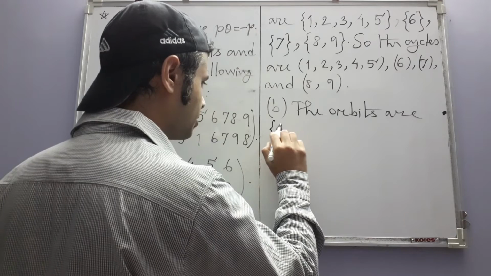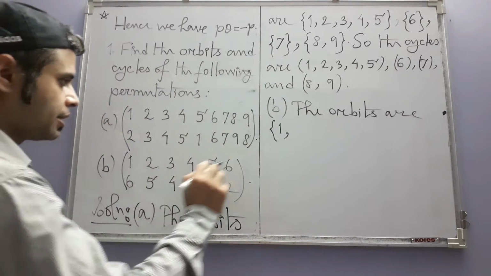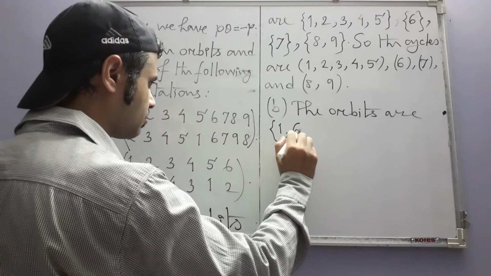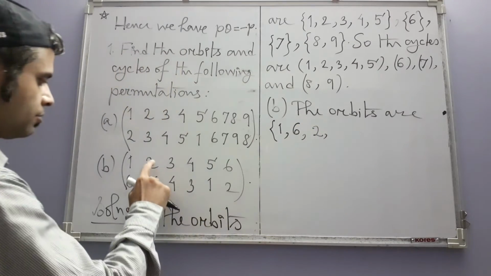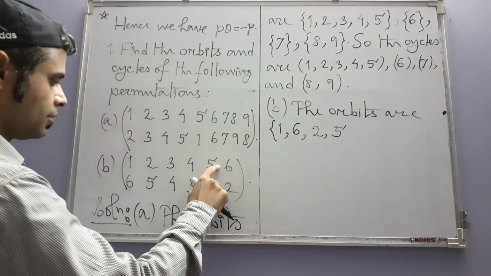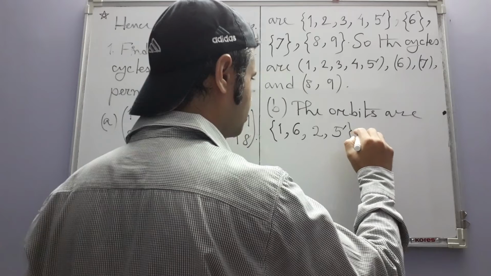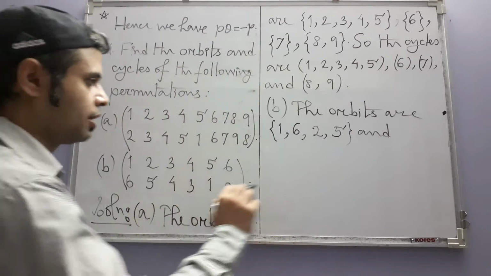It also does not matter where you start. 1 is sent to 6, 6 to 2, 2 to 5, then 5 goes back to 1. So this is one orbit, and there is one more, 3 to 4 and 4 to 3.